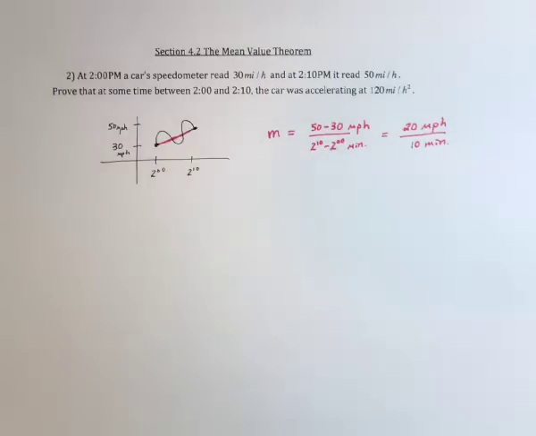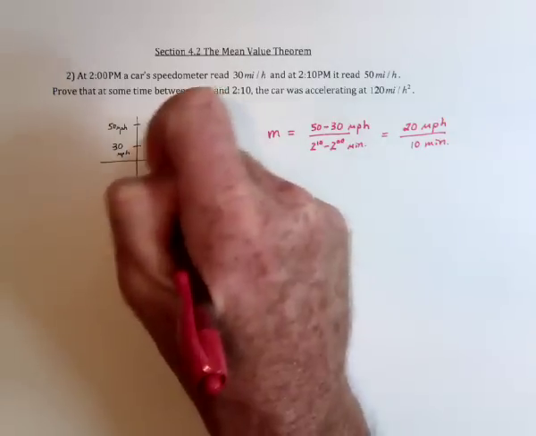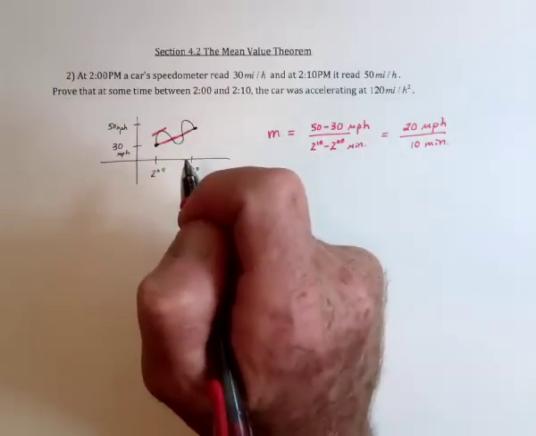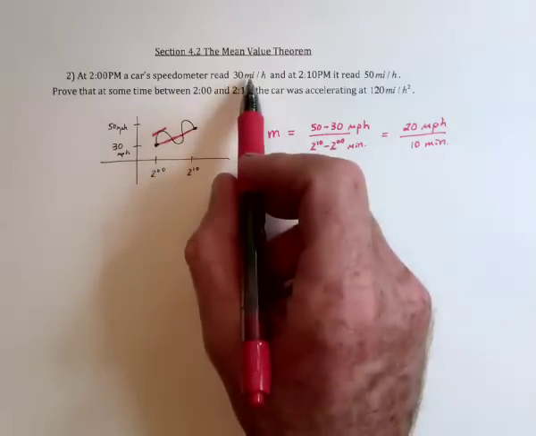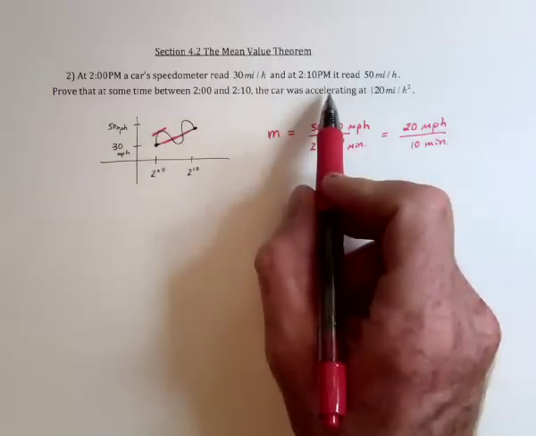So then the mean value theorem says you take the slope of that line, and there has to be a place somewhere in there when the slope of the tangent line, or the derivative, is the same. Well, when you've got a velocity and you take the derivative, you then get acceleration.